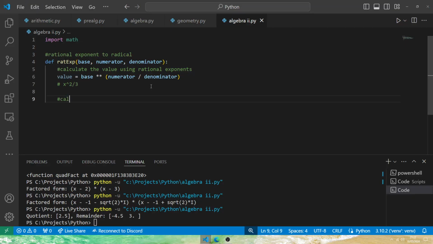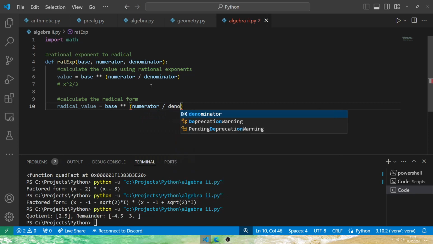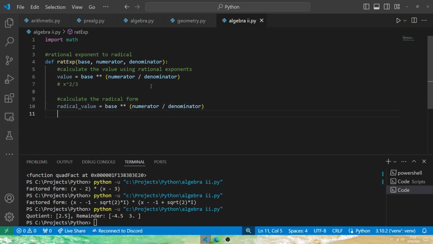Next, we calculate the radical form. And our radical value is going to be the base to the power of our numerator divided by our denominator.